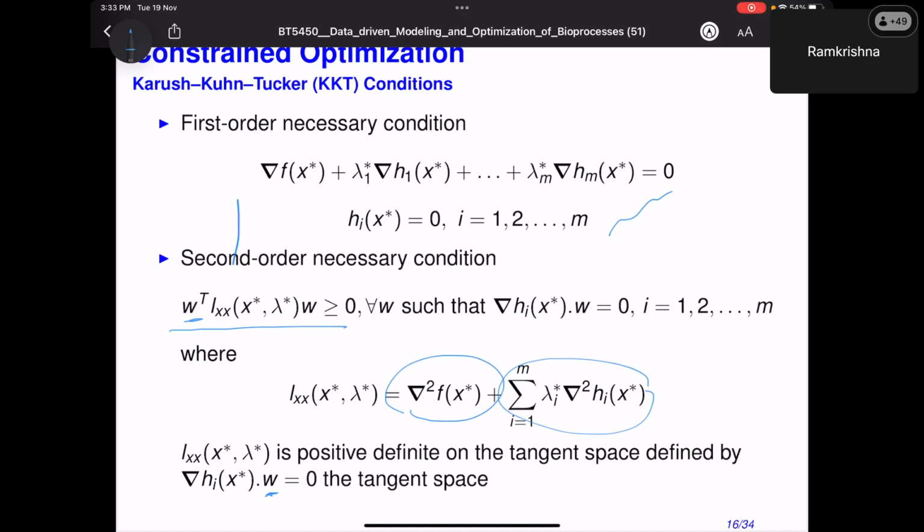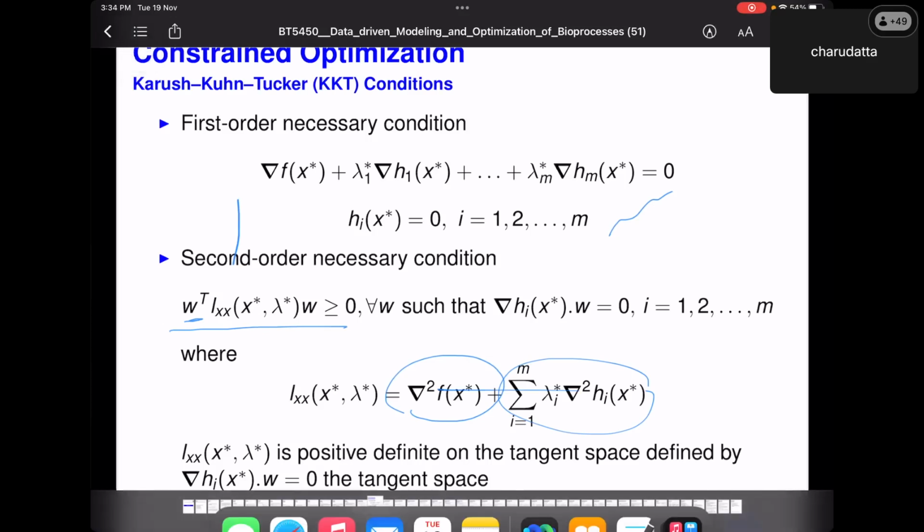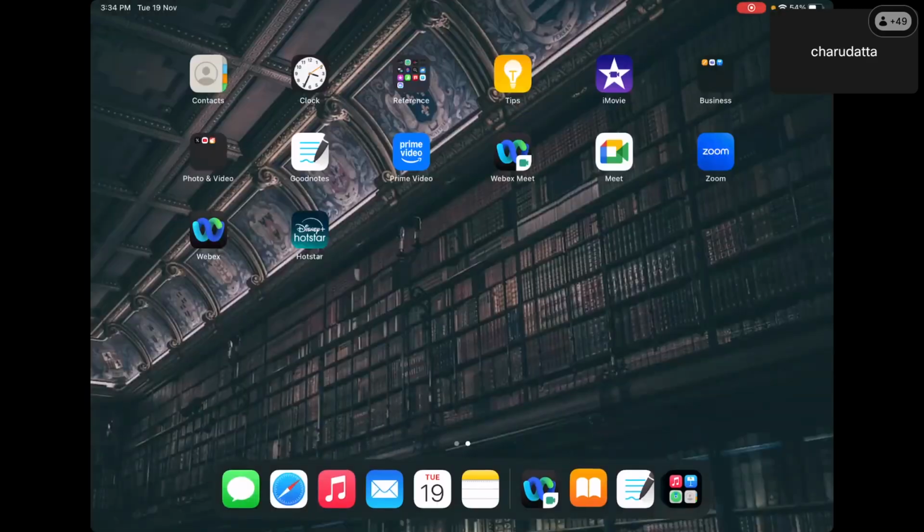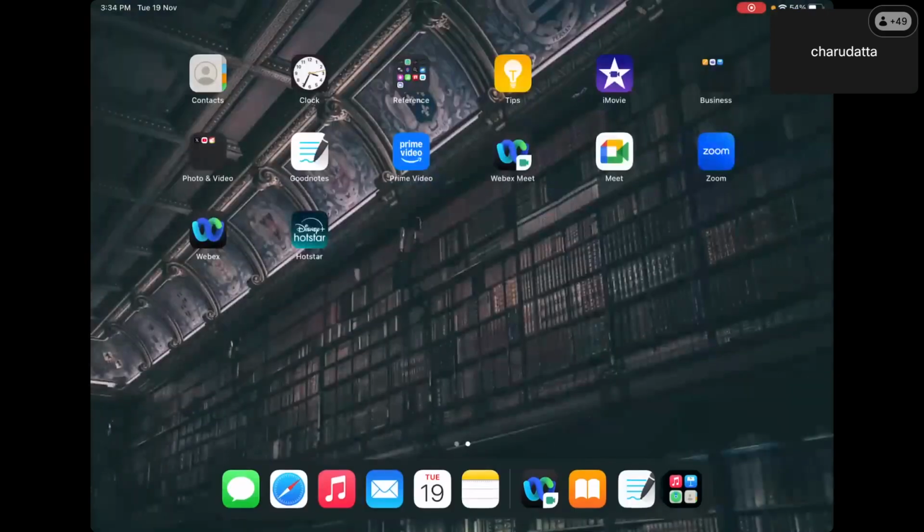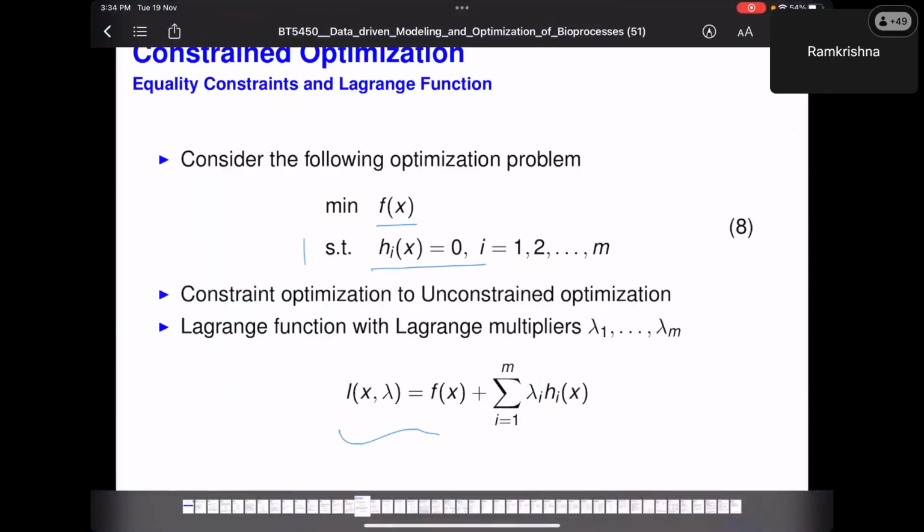Any questions? Maybe I'm going too fast or too slow. Can you please go to that constraint problem, where we are applying that constraint? Okay, so I'll just give the summary of whatever I've done. We are starting from here.